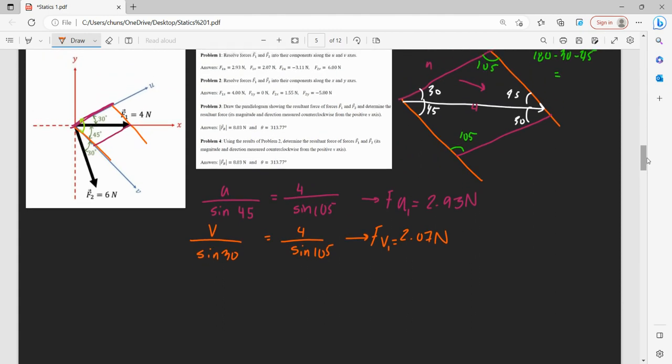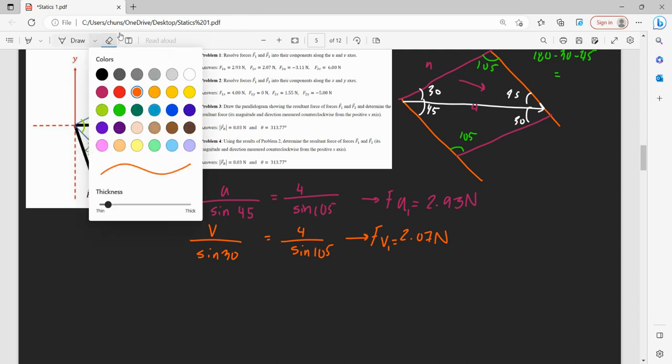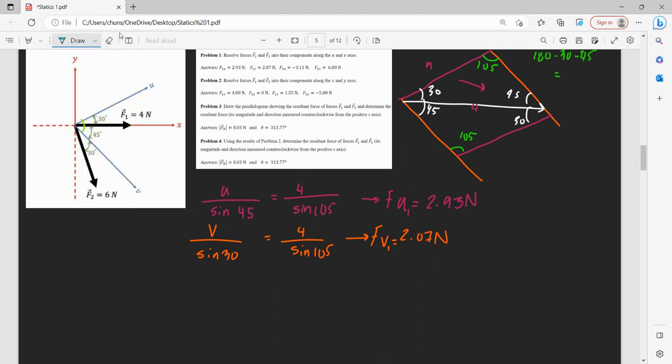Okay, that was much better. Now let's do the same thing with F2. We're going to do u this time, so I'm doing u in blue, starting from the tip.